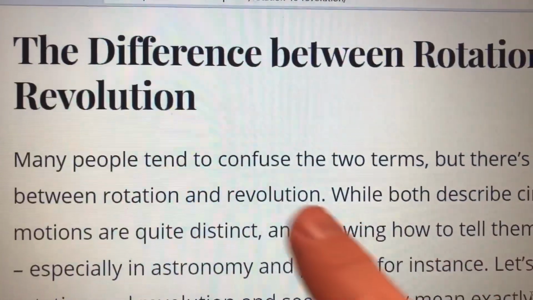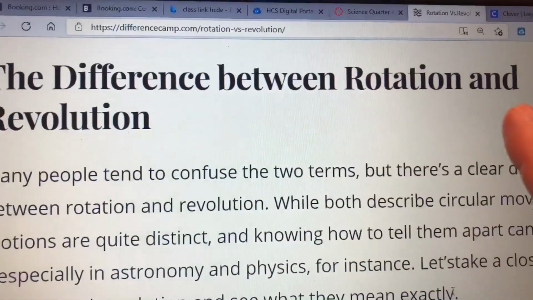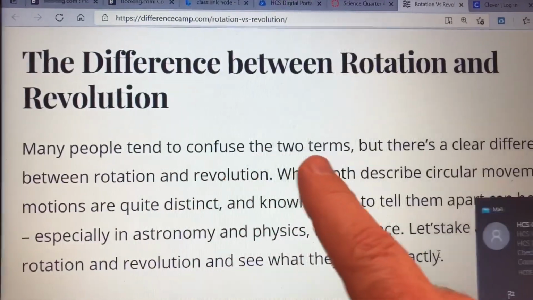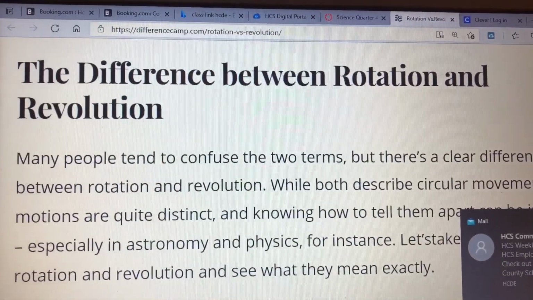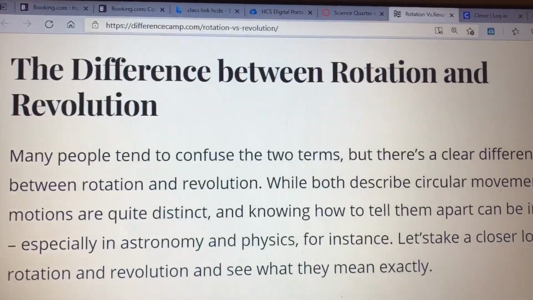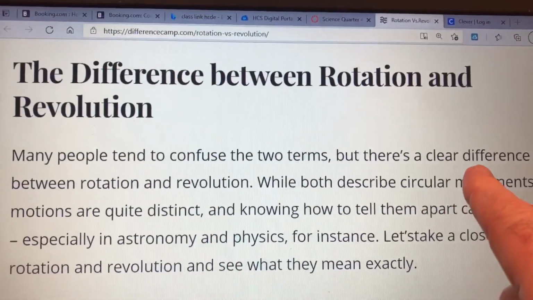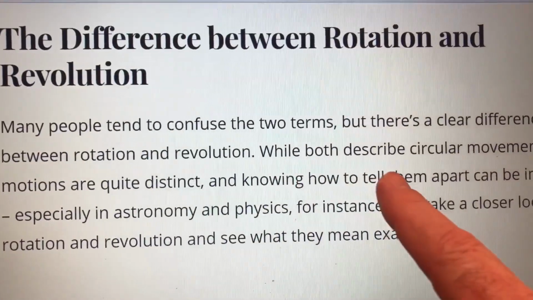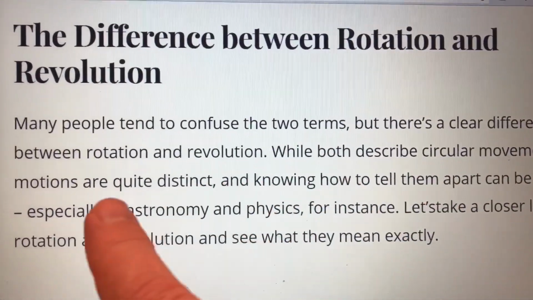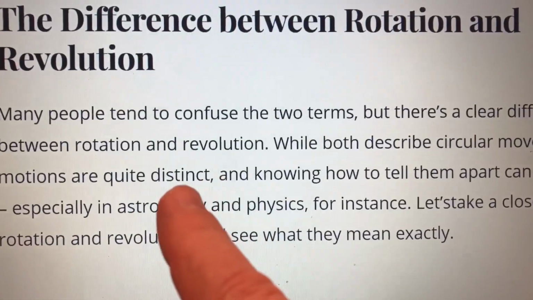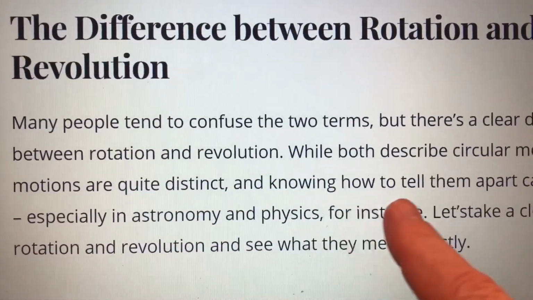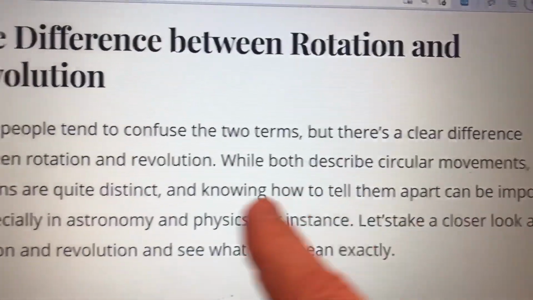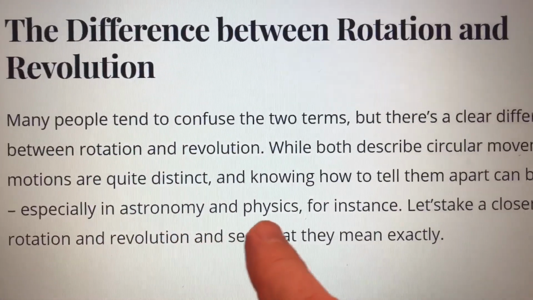All right. So the difference between rotation and revolution. Many people tend to confuse the two terms, but there is a clear difference between rotation and revolution. While both describe circular movement, the motions are quite distinct, quite different, and knowing how to tell them apart can be important, especially in astronomy and physics.